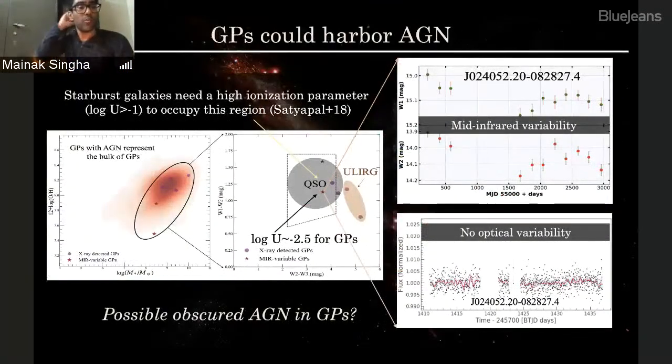So what did we do? We looked at the Chandra data archive, and we found that there are only 4 green peas with detectable X-ray emission in the Chandra archive. But we also found 2 other green peas which show mid-infrared variability.